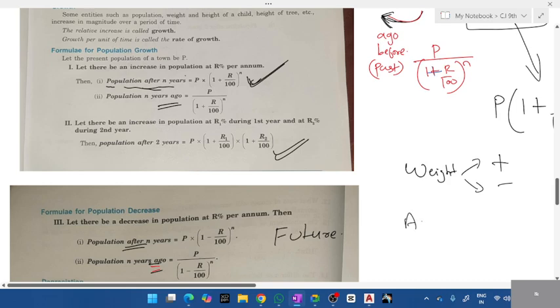What about age? Age only increases. Height, sometimes height also keeps increasing or decreasing. As we grow older, there are a few studies that show height gets decreased. So wherever there is increase and decrease, even population, we'll have two formulas: increase, decrease.